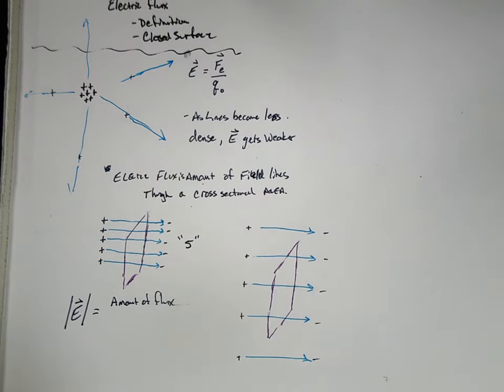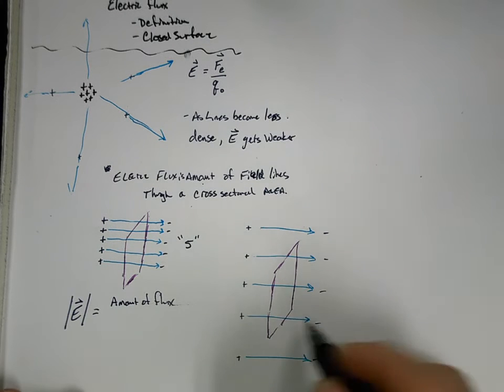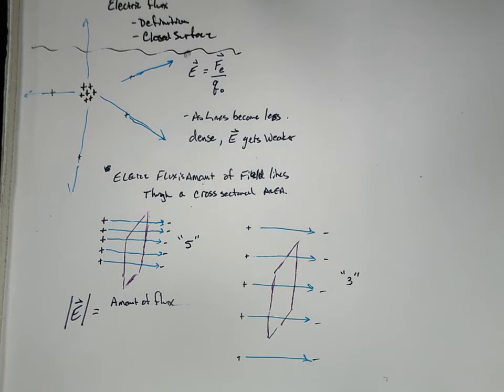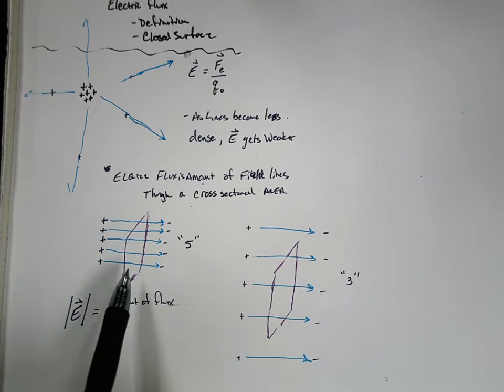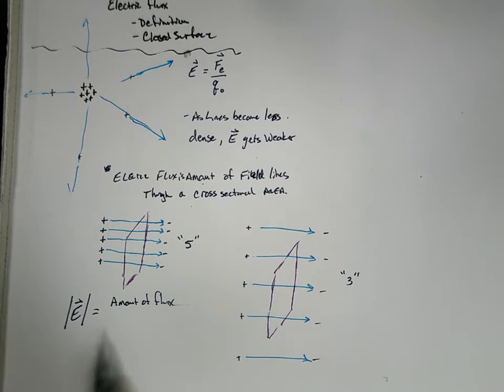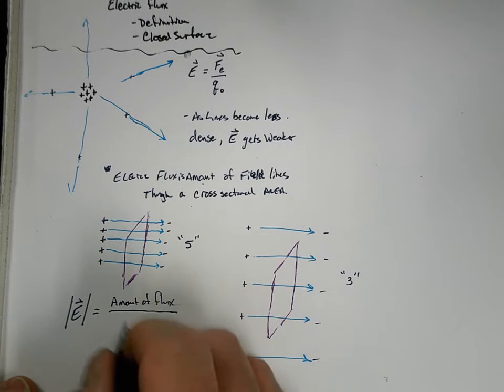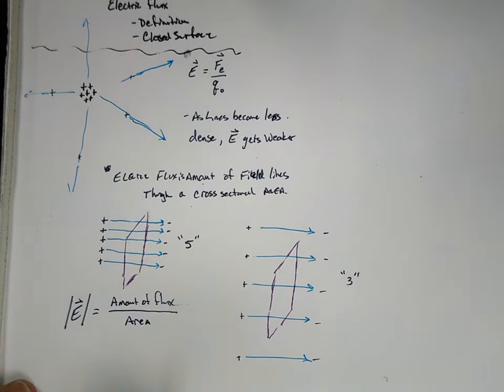Now remember, it's arbitrary. We're just talking about relative sizes. If this would be 5, this would then be 3. So there's a greater flux through this area than through this area. We're just counting the number of lines. So our electric field is the amount of flux divided by the area that our flux is passing through, the number of lines passing through that area.